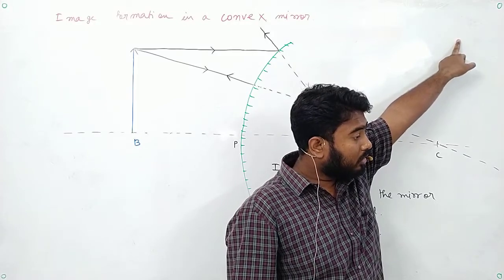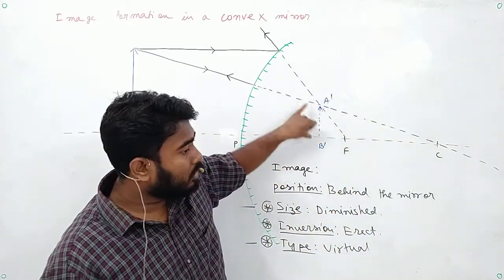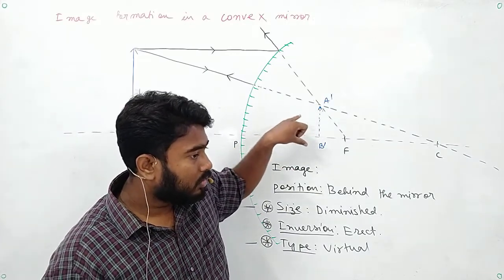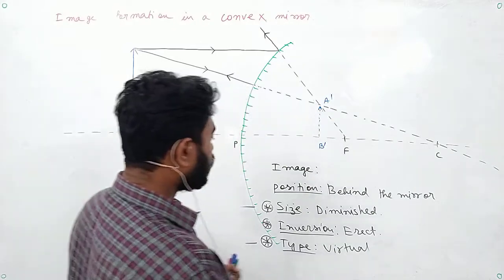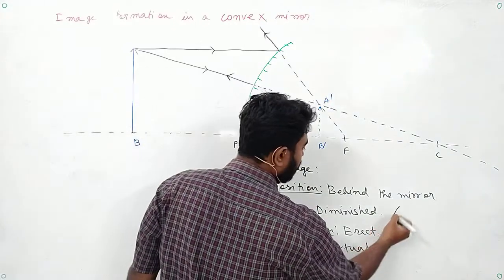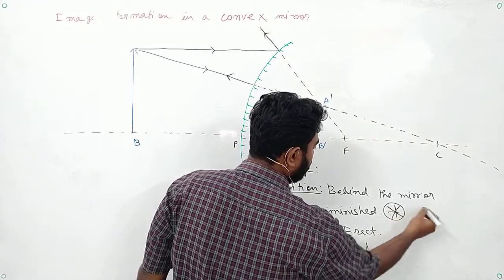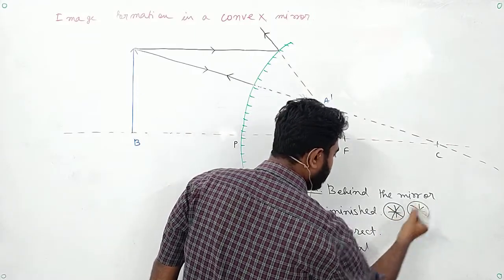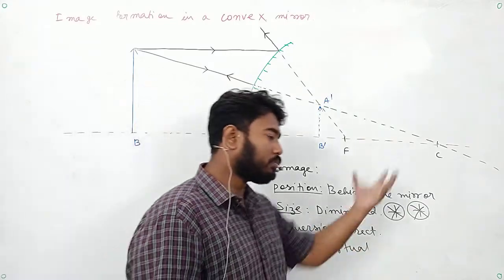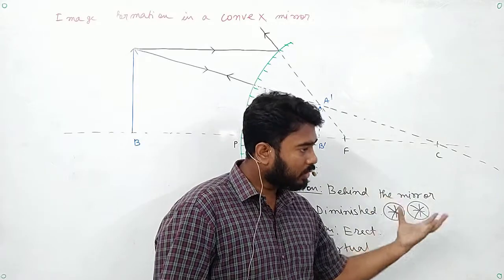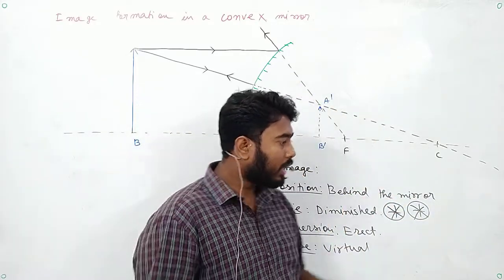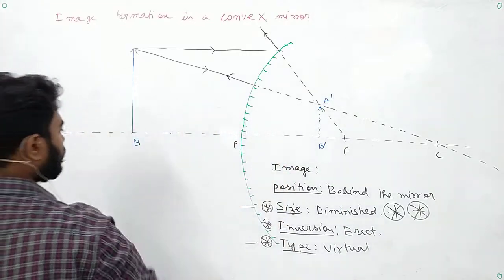And the convex mirror formed the image smaller than the object. This is the main difference. In one case it will be larger, in one case it will be smaller. Smaller than the object will be convex, larger than the object will be the previous case we have done, that is concave.